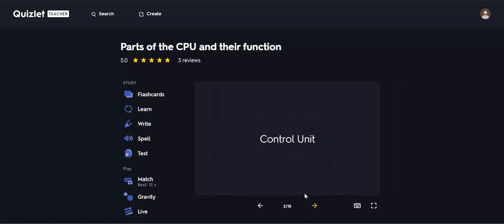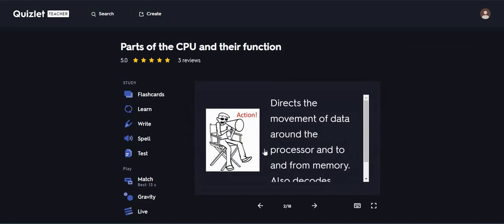Now, the second main part of the CPU is the control unit. And the control unit, I want you to think of it as the boss of the show, like a director in a movie. So that's why I put this picture here. It bosses around the data and decodes the instruction.